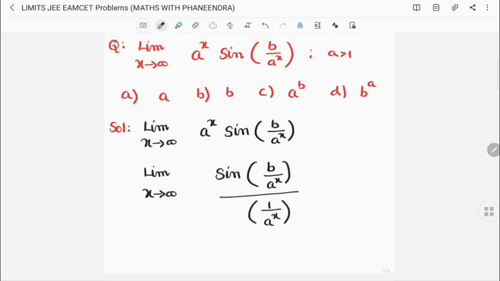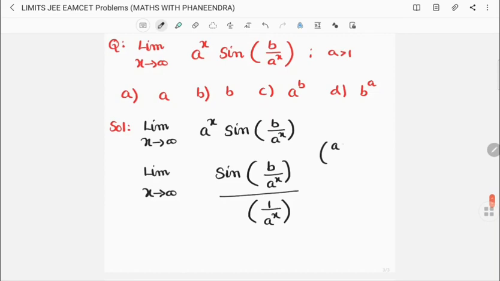Here we need to discuss the terminology. As x tends to infinity, 1 by x tends to 0. As 1 by x tends to 0, 1 by a power x also tends to 0.